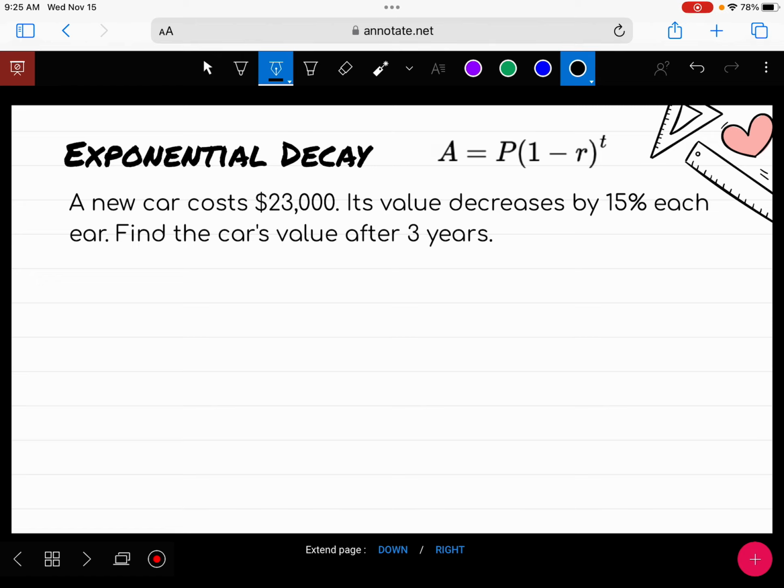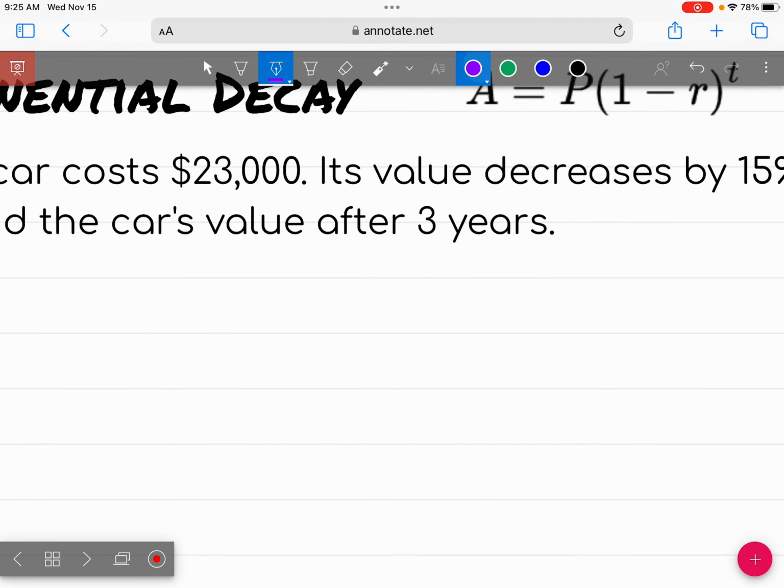All right, so then we're going to do a decay. Same vibe, different flavor. Because the only thing that changes here is instead of it growing, we're going to have a smaller than 1 number under the exponent. So what's our kind of generic equation going to be here?